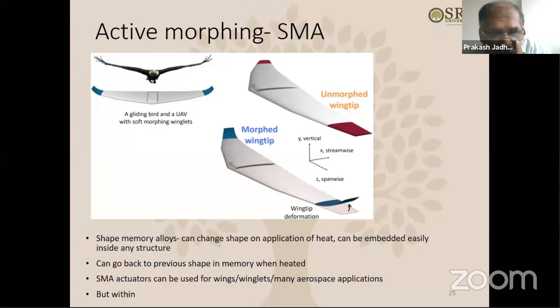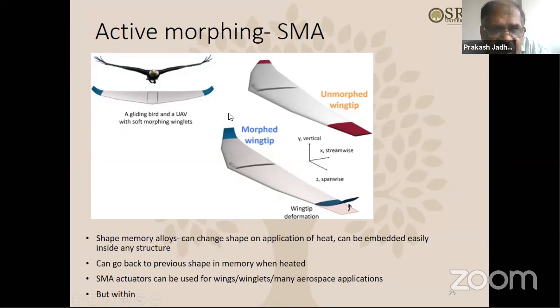They can be embedded easily into any structure. As you can see in the examples here, unmanned aerial vehicles are a very popular application, where they can change the winglet shape. The right end and left end, the tips of the wings, are called winglets.